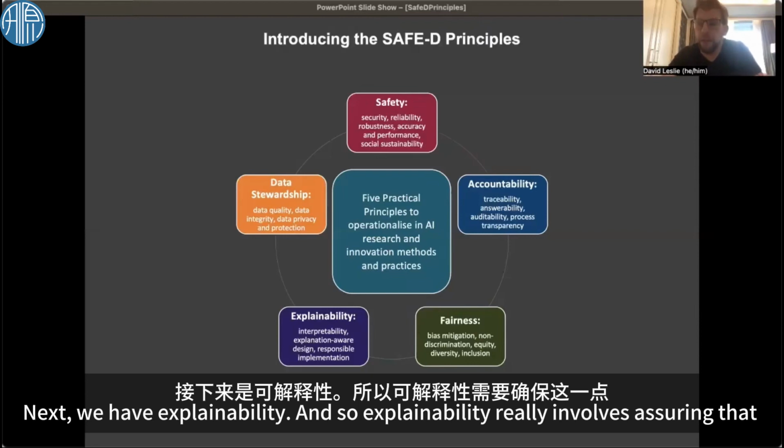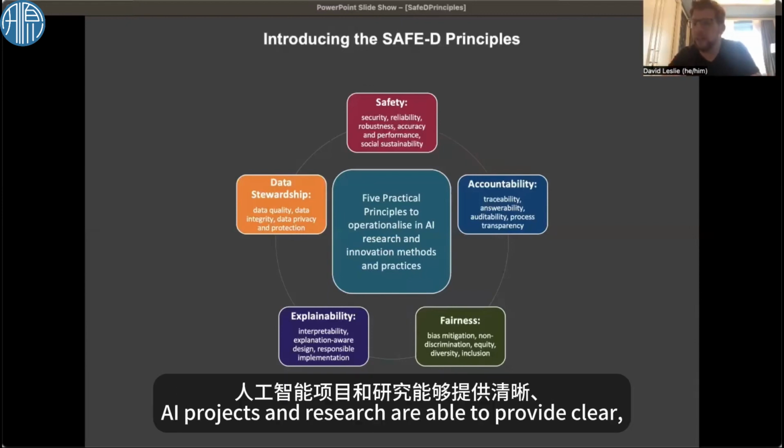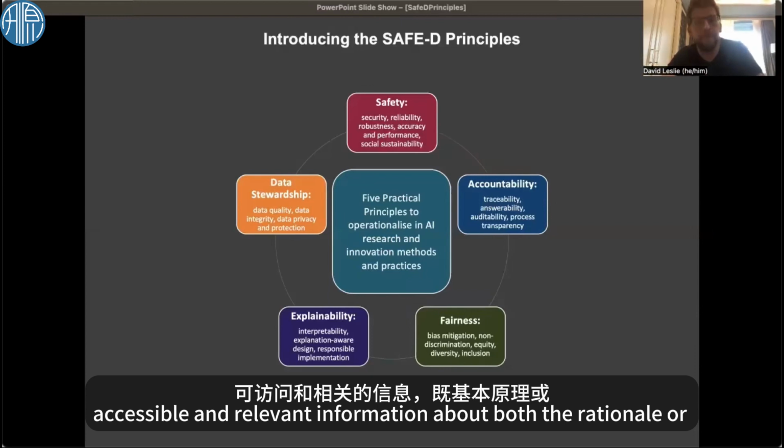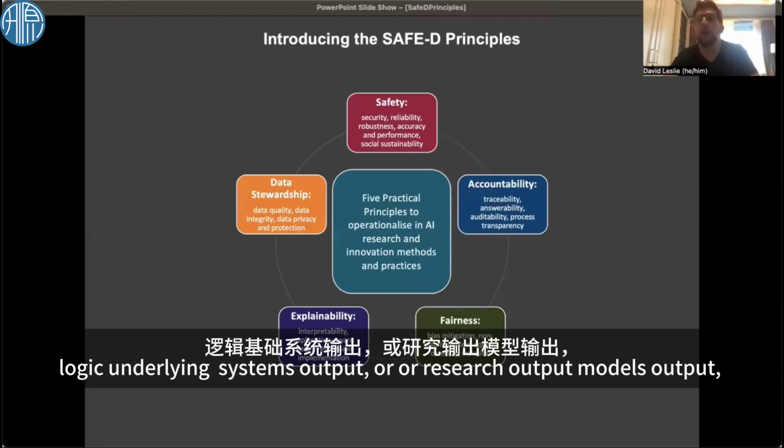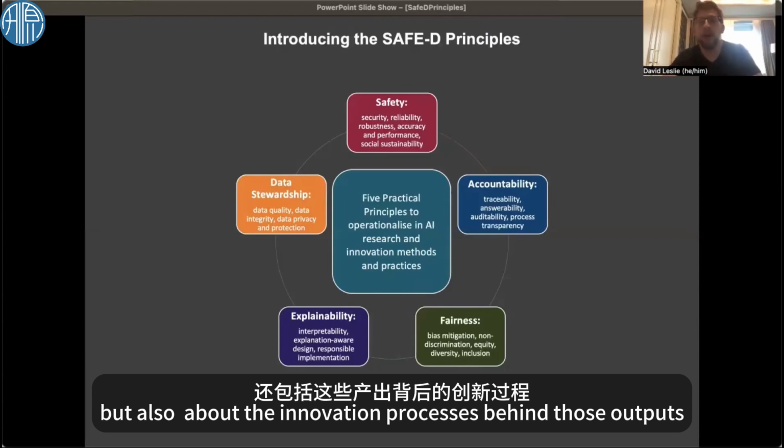Next, we have explainability. Explainability involves assuring that AI projects and research are able to provide clear, accessible, and relevant information about both the rationale or logic underlying a system's output or a research model's output, but also about the innovation processes behind those outputs.